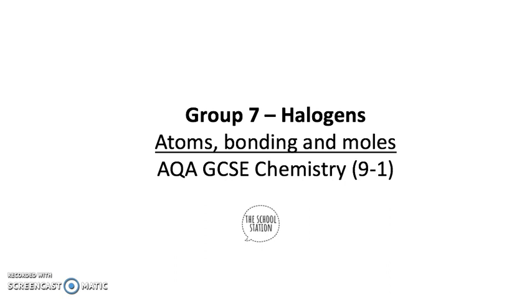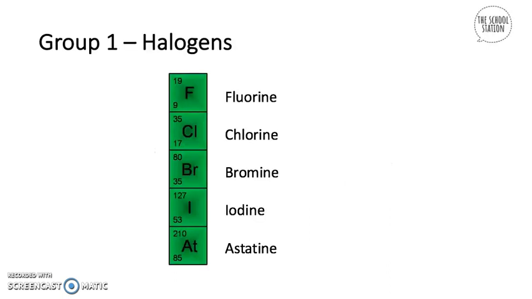So before we get started with the video, let's just have a look at the group itself. Group 7, the halogens, has only five elements: fluorine, chlorine, bromine, iodine and astatine, or however you would pronounce it.